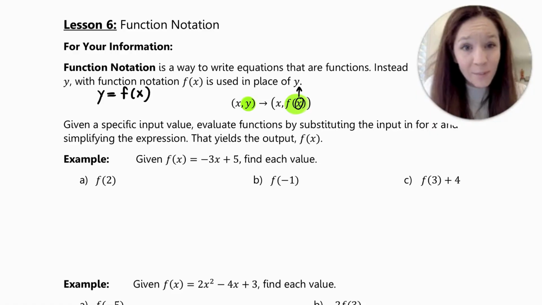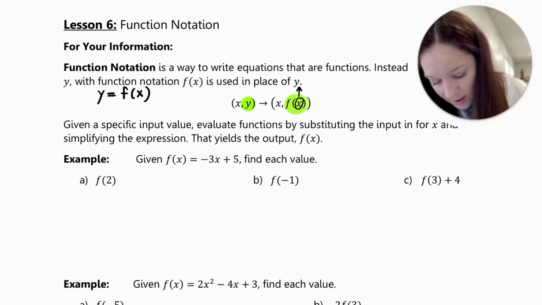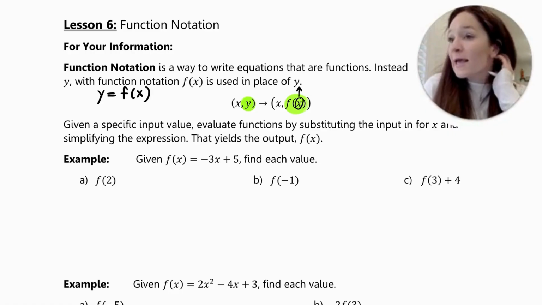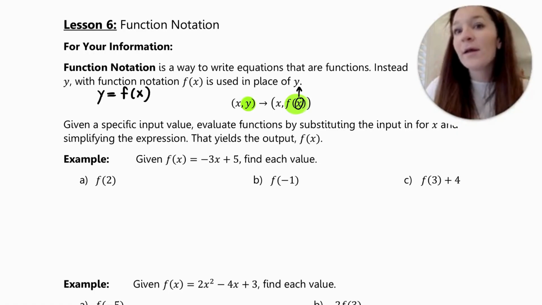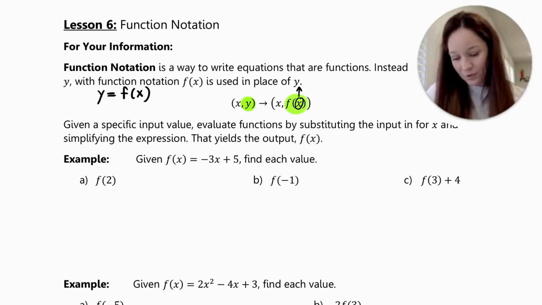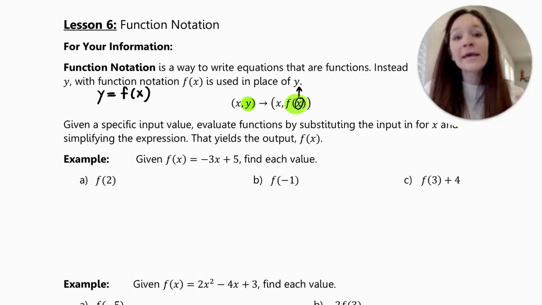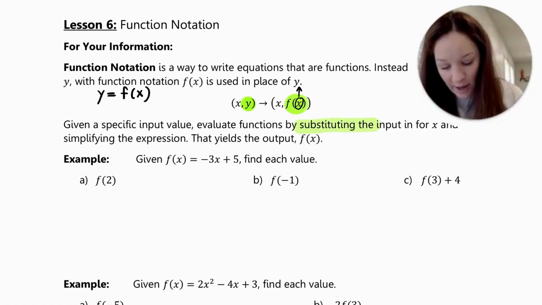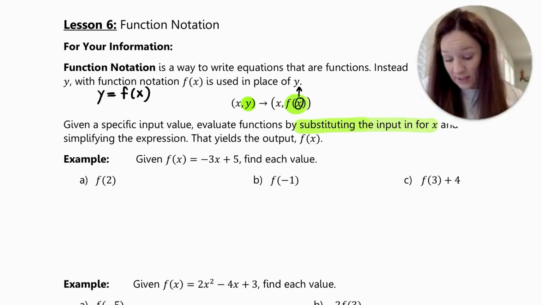And so x is still your input. The only nice thing about f of x is you can use this notation to see what the input value is in that statement. So if I say f of 3, I see, oh, 3 is my input, and I can calculate what my output will be when 3 is my input. When we give you a specific input value, we can evaluate functions by substituting the input in for x and using our simplifying expressions property, ultimately PEMDAS, to simplify it down to a singular number.